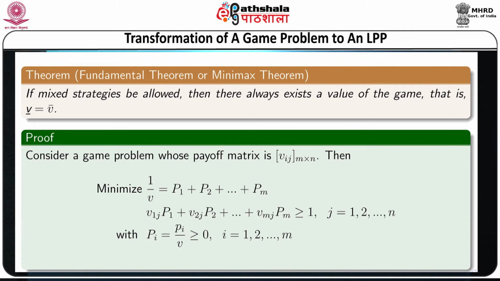That means there are n constraints, with capital Pi equal to small pi by V, which is greater than or equal to 0 for all i.